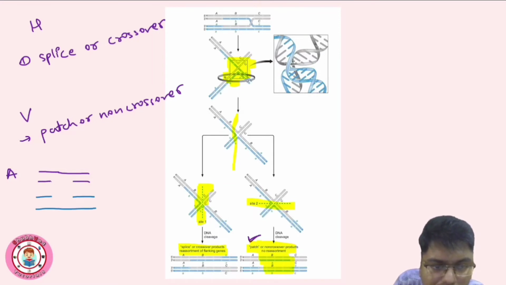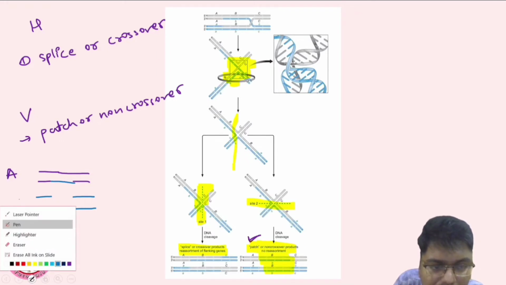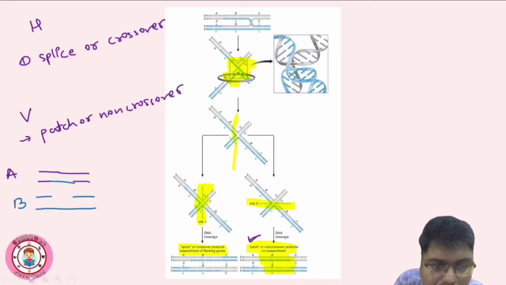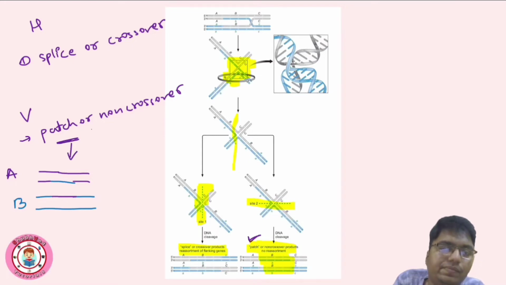Then here will be blue. So this is a patch. So this is a patch model due to vertical segregation. Like this we can remember.